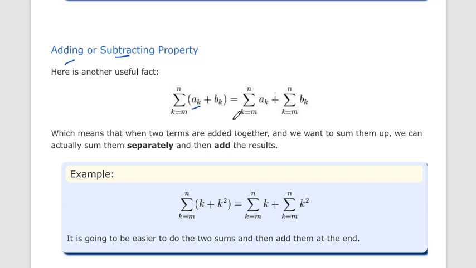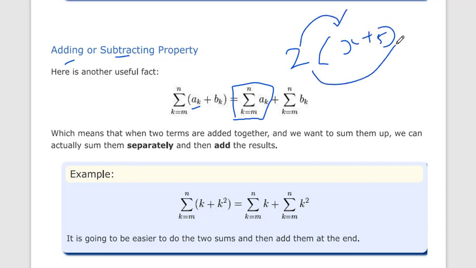So it is equal to sigma k equals m to n of a_k plus sigma k equals m to n of b_k. Like in a bracket, if here is a 2 and here is x plus y, and we want to multiply 2 into the bracket, 2 will multiply with both the terms, so it will become 2x plus 2y. This is the second property of sigma.